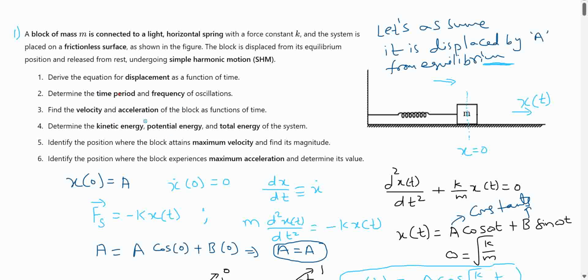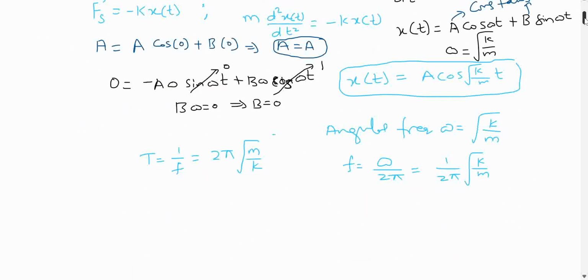Now to find the velocity and acceleration of the block as a function of time. We have the expression for displacement, so we have to calculate velocity and acceleration. Velocity is x dot of t.